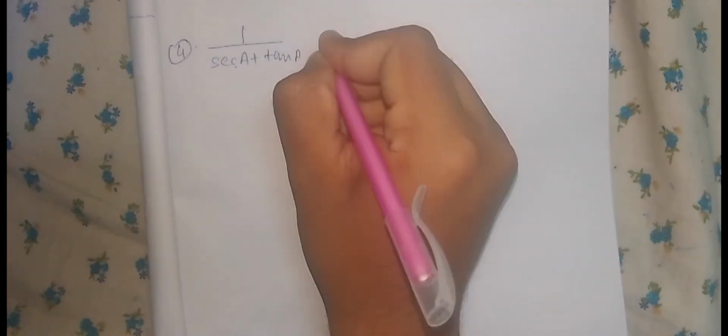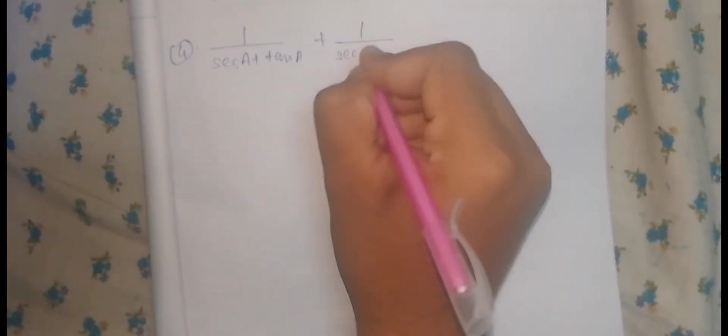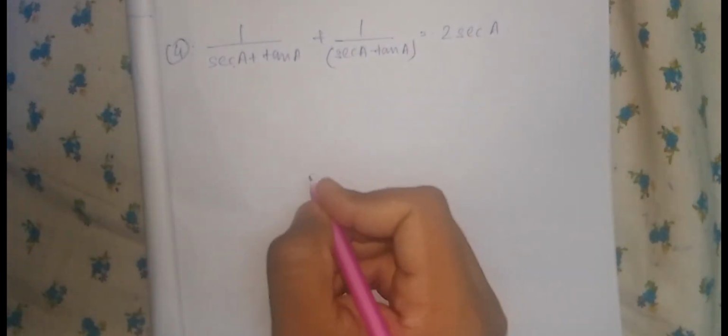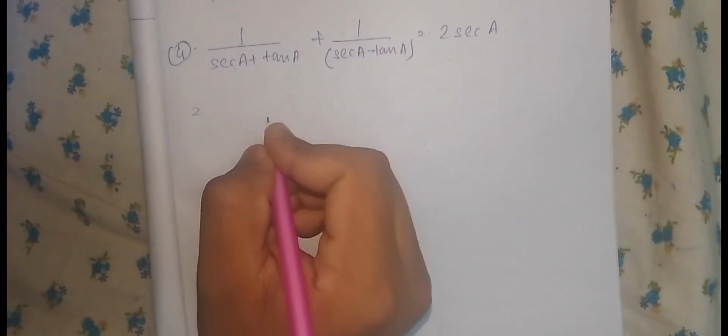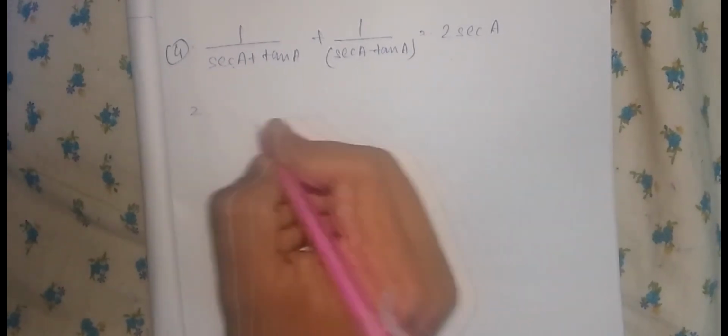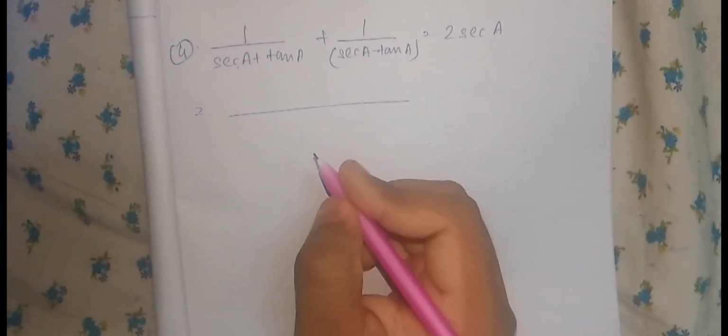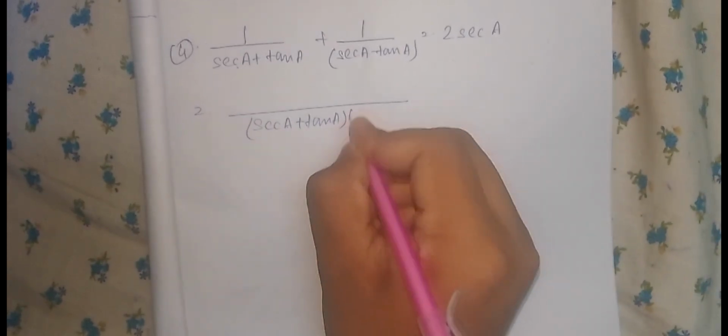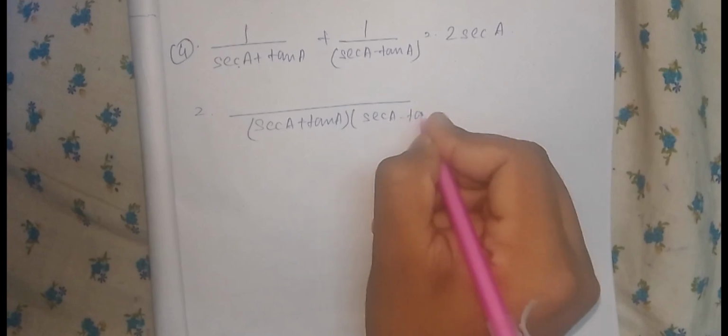Next we will move on to our fourth sum: 1 by (sec A plus tan A) plus 1 by (sec A minus tan A) equals 2 sec A. So we will first take an LCM of these two fractions, that is (sec A plus tan A) and (sec A minus tan A).